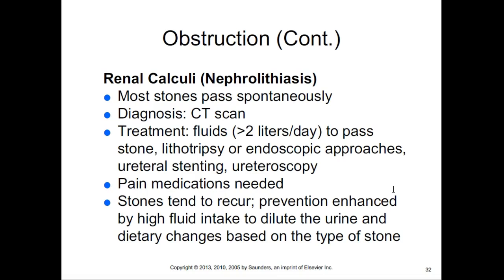So one of the main ways to prevent this is to maintain a high fluid intake, right? So the more dilute the urine is, the less likely it is for you to make more of those stones. And if you know the type of stone that you have, maybe you can avoid these types of anions or cations in your diet, and so that would prevent the reformation of stones.